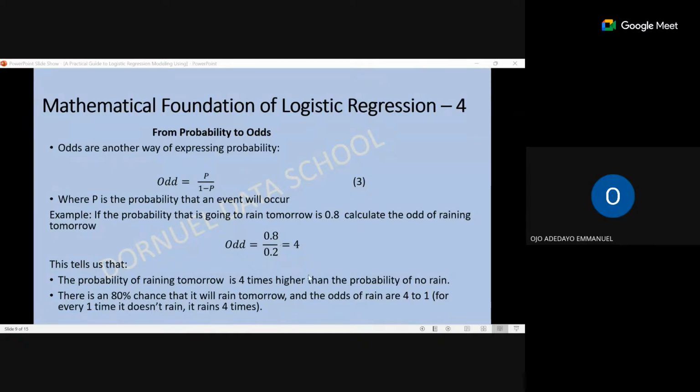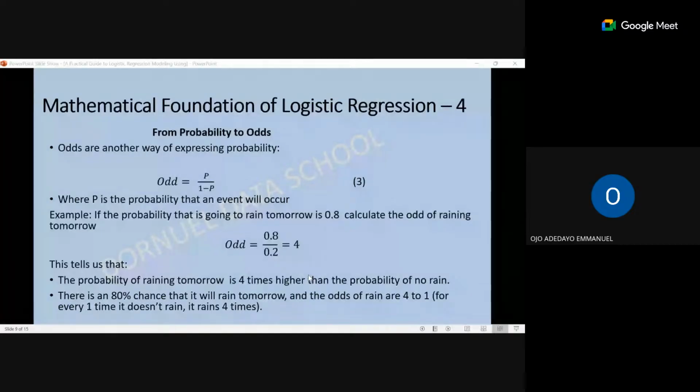Now, let's say I'm counting this from today. If it did not rain today, and I have the odds to be 4, that is, if it did not rain today, in the next 4 days, Monday, Tuesday, Wednesday, Thursday, it is going to rain. That is what this is telling us.